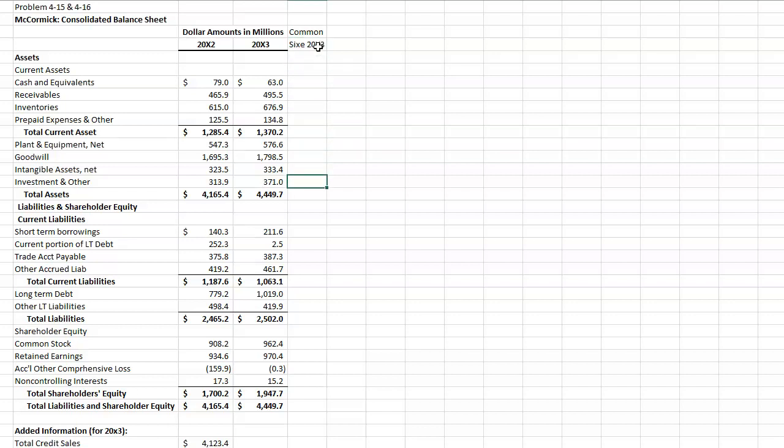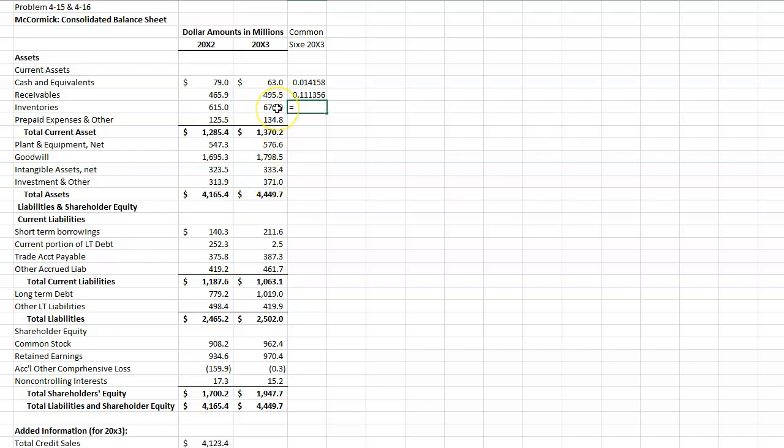Okay, so our total assets is a 100% figure. So for everything we do, we're going to divide by total assets. So cash and cash equivalents divided by total assets. Receivables divided by total assets.